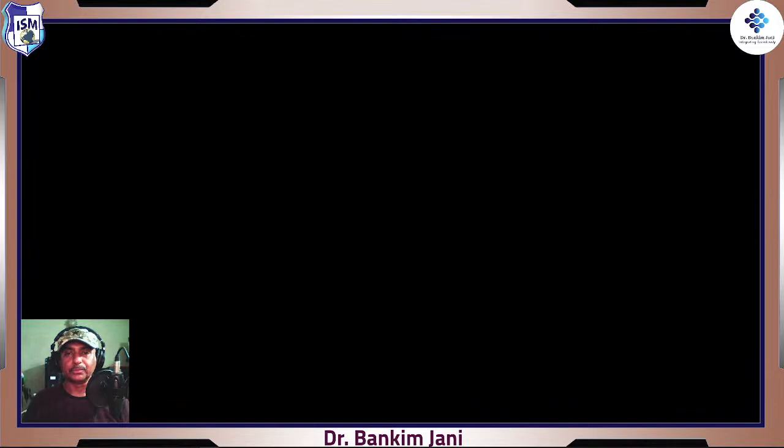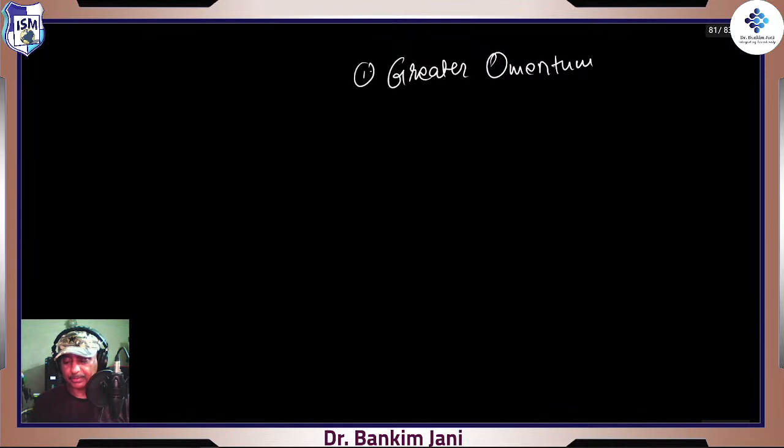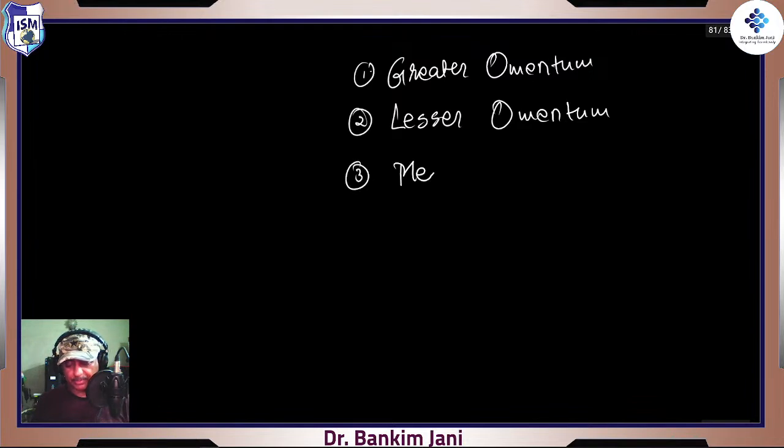Okay. So at this point, all we need to know is you should be comfortable with the following structures, right? One, greater omentum, because this is groundwork for tomorrow, right? Greater omentum clear, right? Lesser omentum, obviously mesogastriums, right? Dorsal and ventral.